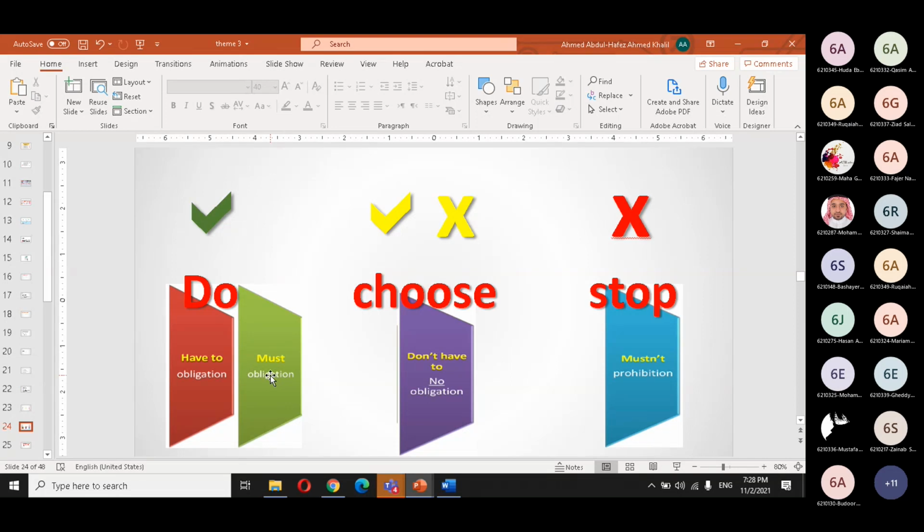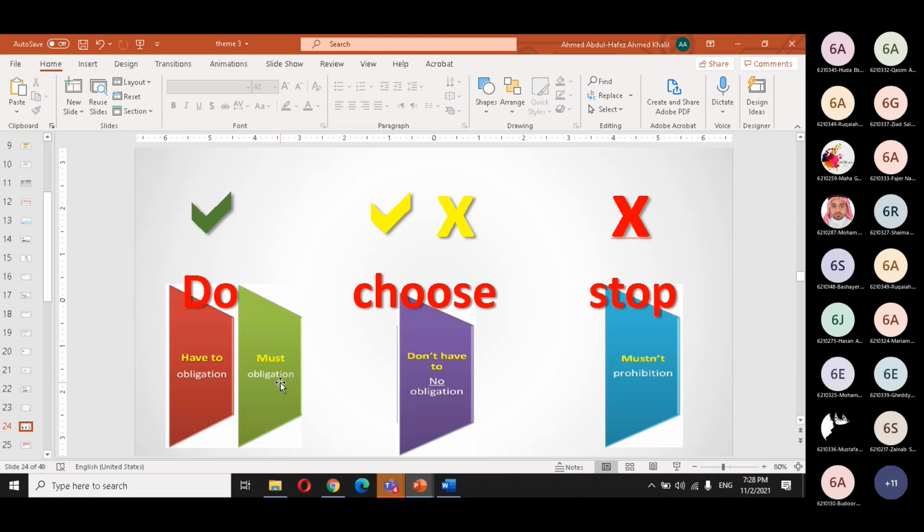If something is necessary to do, we use must or have to. Yes, there is some difference between must and have to, but we are not here about the differences between them. But we use them, must and have to, to show that something is necessary.